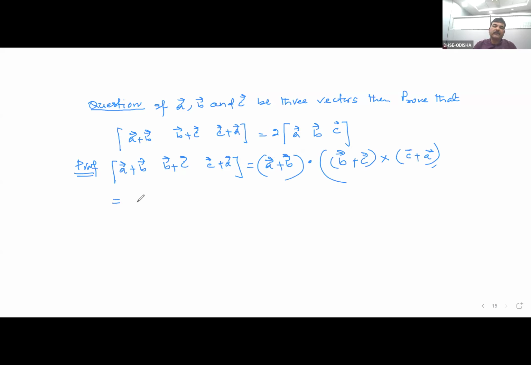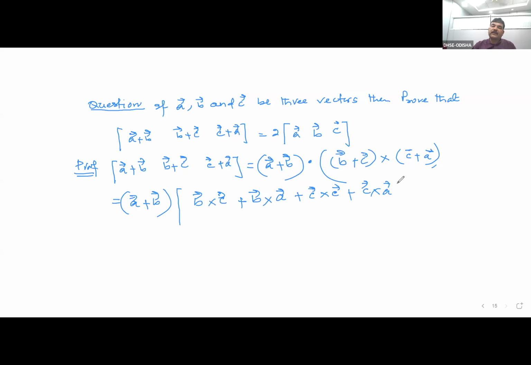This is equal to A plus B into, by distributive property, we can write B cross C plus B cross A plus C cross C plus C cross A.